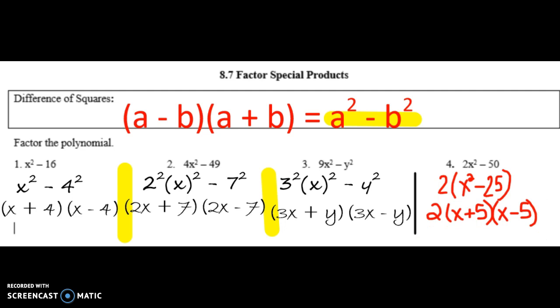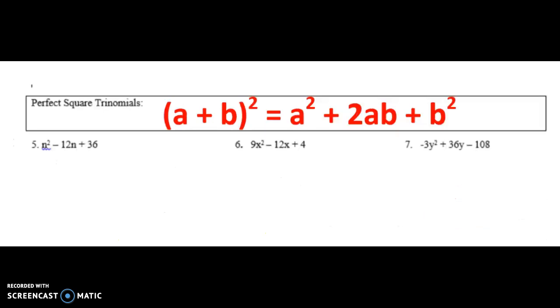Okay, so now I'm going to move on to perfect square trinomials. So this is when I have 3 terms. Again, what you are seeing is this here: a squared plus 2ab plus b squared. And then what we're going to break it down to is the exact same thing written twice.